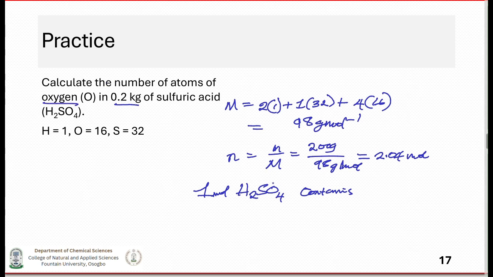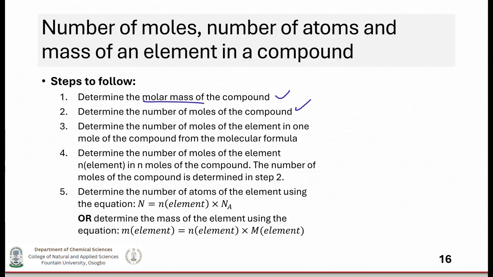Oxygen. How many moles of oxygen do we have in this? You just count it. O4, so it means 4 moles of oxygen. So the ratio is 1 to 4. That is step number 3.